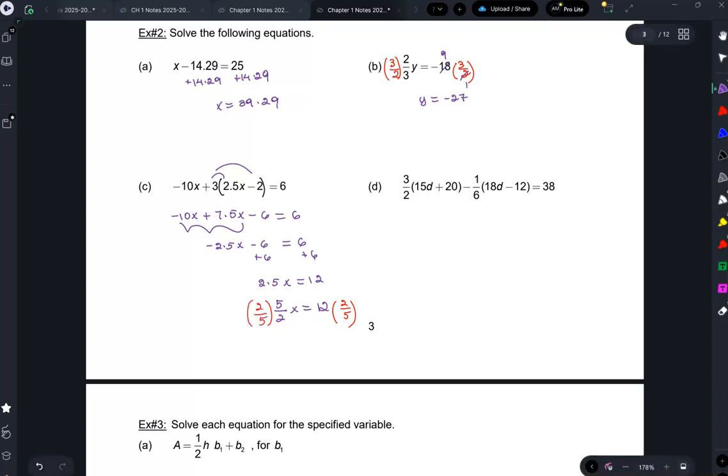So now x will be 24 over 5, which is just fine. We don't do mixed numbers. You don't need decimals. We always prefer fractions to decimals, and then improper fractions as well. Mixed numbers are so middle school, okay?